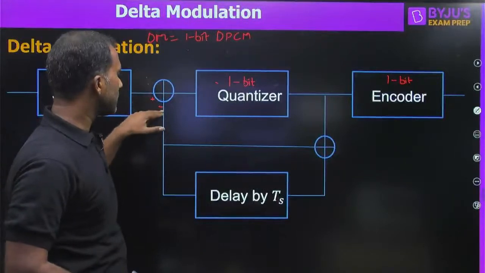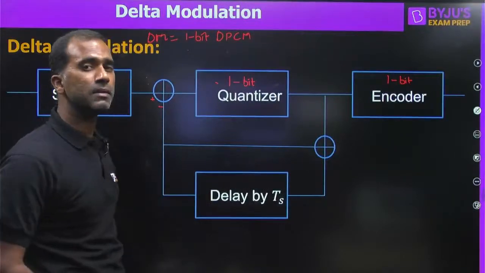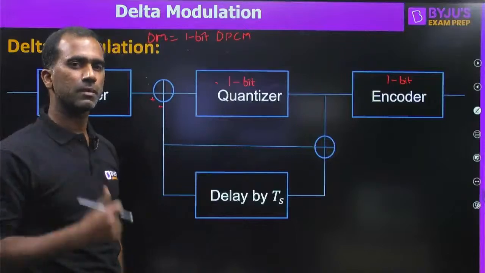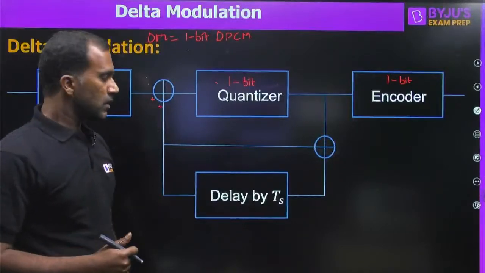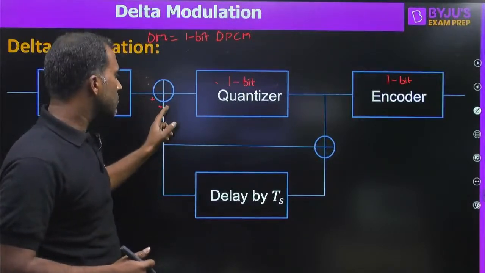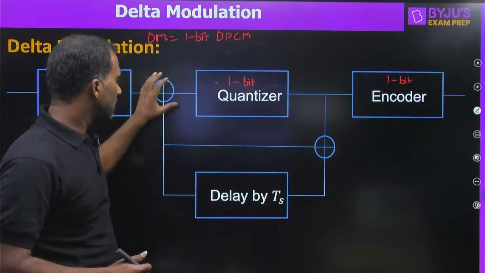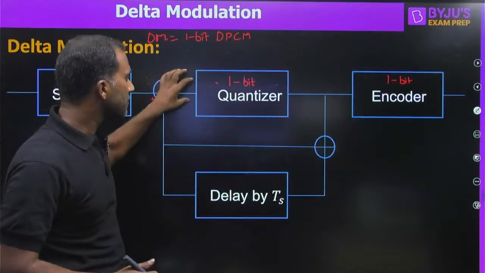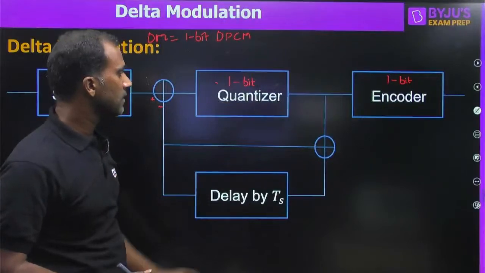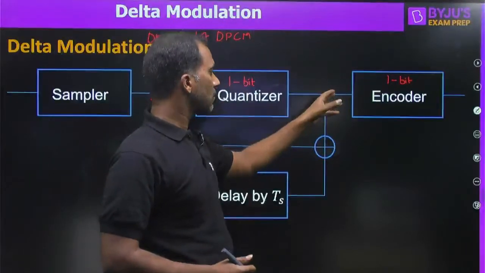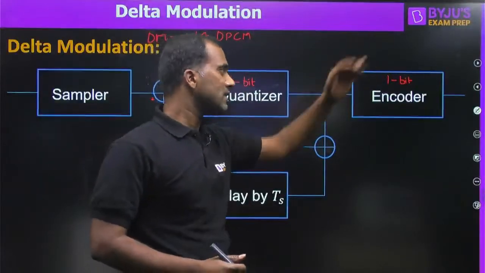What is the feedback sample? It is the past sample, just the previous sample. So we take the difference of the present sample and the quantized version of the previous sample, and that difference is being quantized. That quantized difference is being encoded and transmitted.